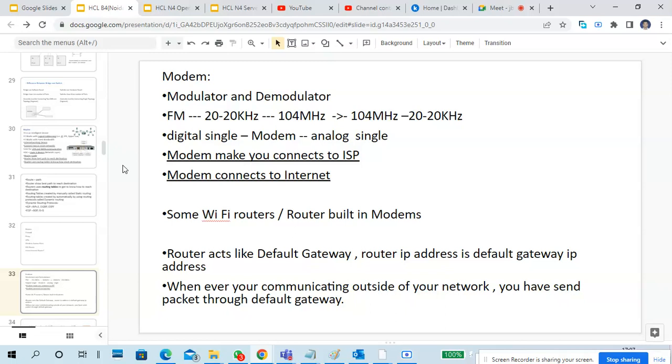They will tell their frequency: 98.1, 95.3, 93.8. These are all different frequency channels, right? So what will they do? 98.3 Radio Mirchi means a 98.3 megahertz high frequency signal.